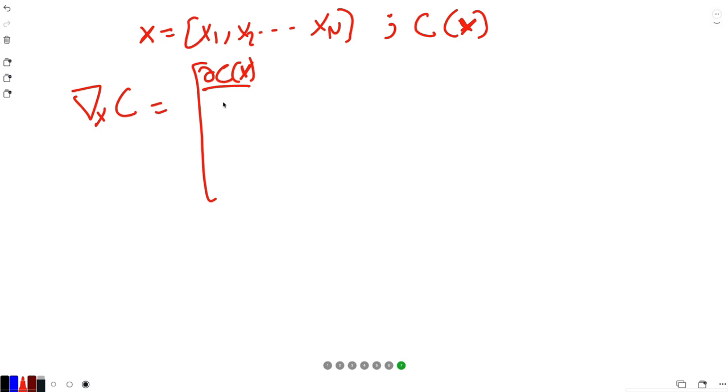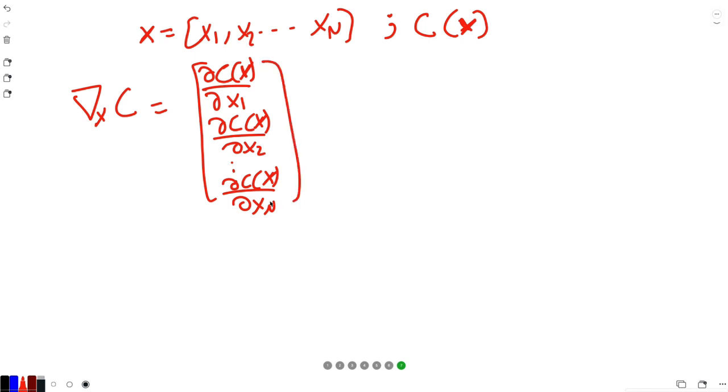This is the reason we call it partial differentiation. So it is partially differentiated with x1, then with x2, until xn. So we have a vector of n elements, and this should be 0 at the critical point.